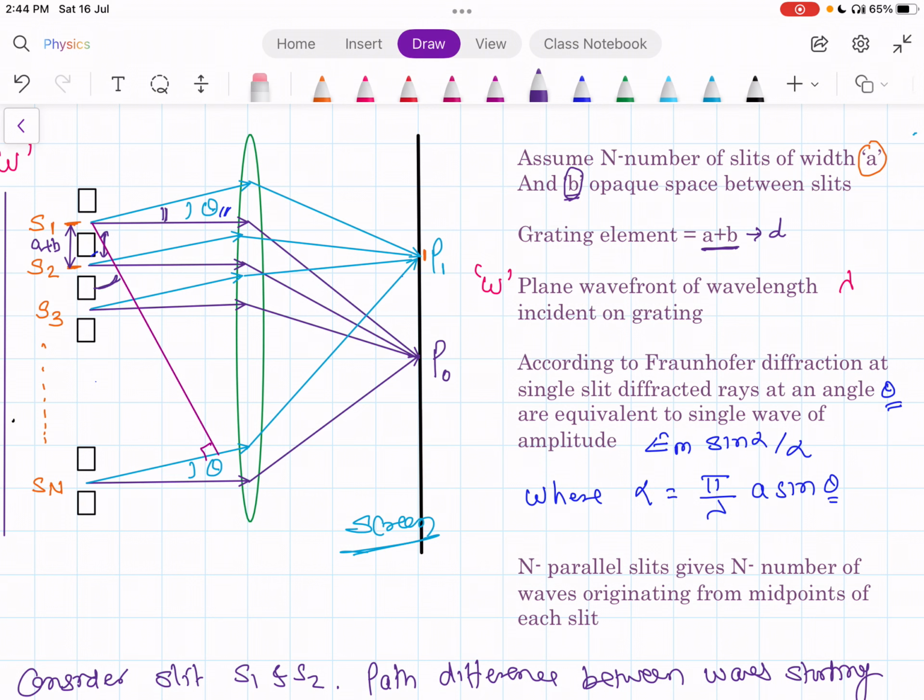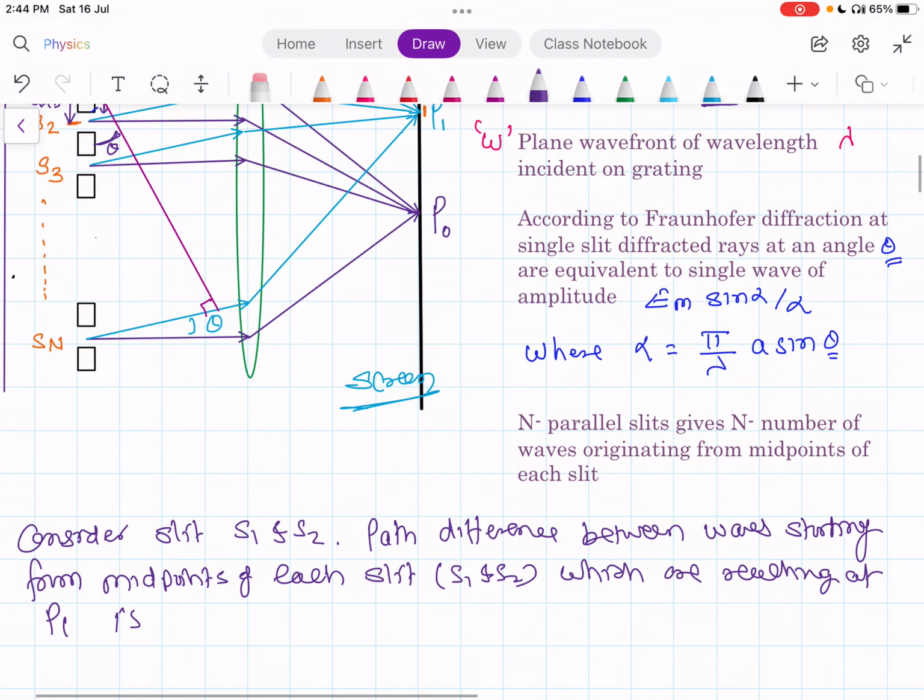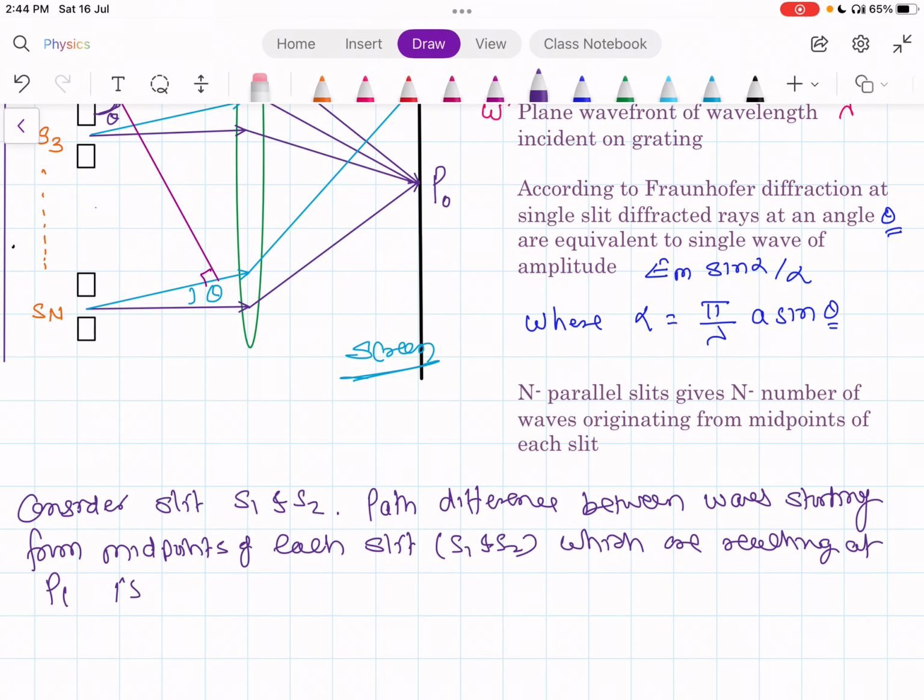And so the path difference between the secondary waves which are starting from the midpoint of slit S1 and S2 reaching at point P1 is A plus B sine theta.